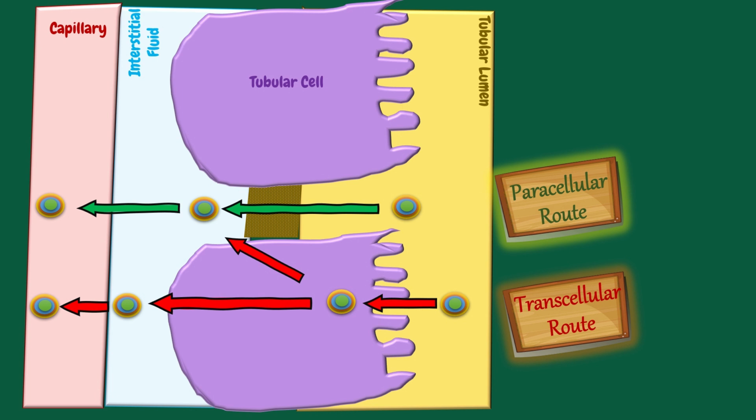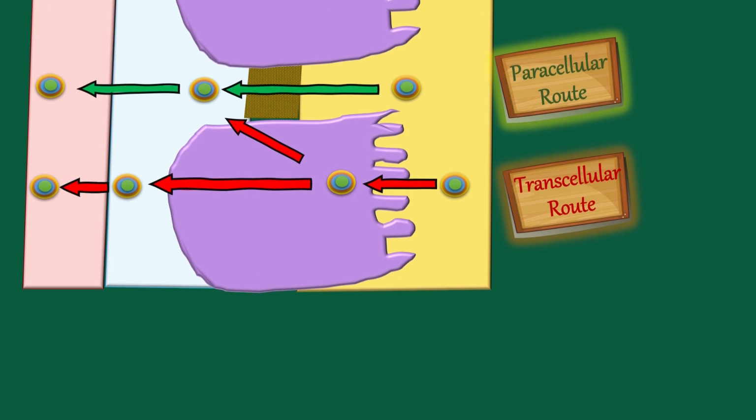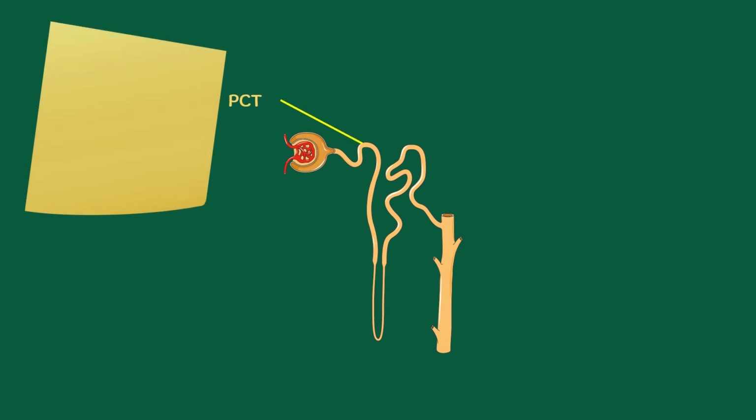Now let's discuss the sites of reabsorption. Reabsorption of the substances occurs in almost all the segments of the tubular portion of the nephron. First are the substances reabsorbed from the proximal convoluted tubule. About 7/8 part of the filtrate, which is about 88%, is reabsorbed in the proximal convoluted tubule.